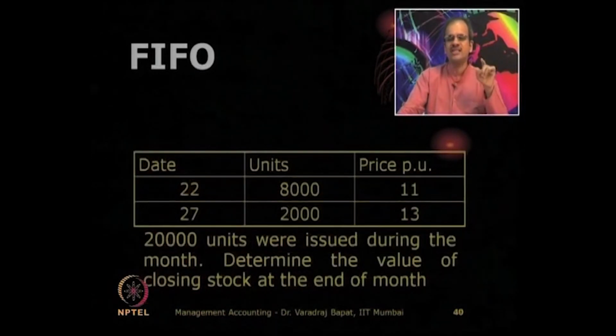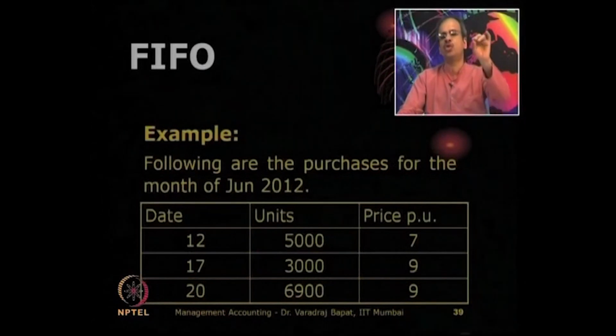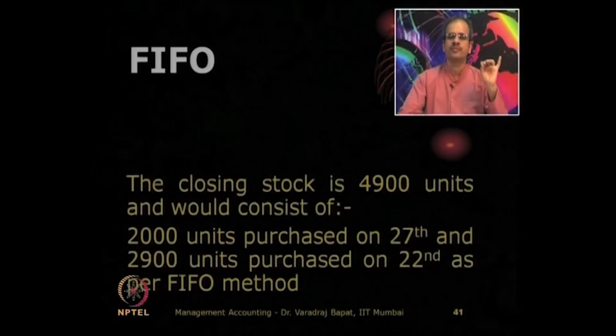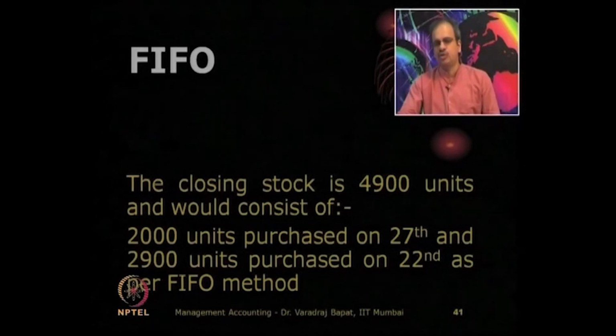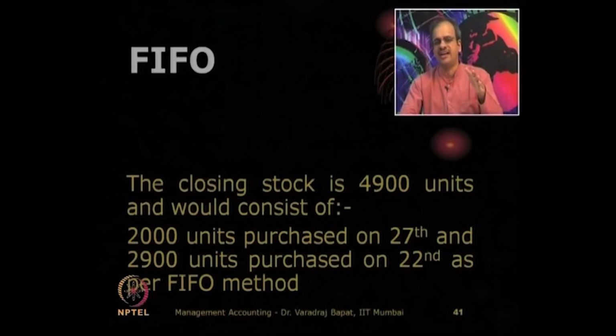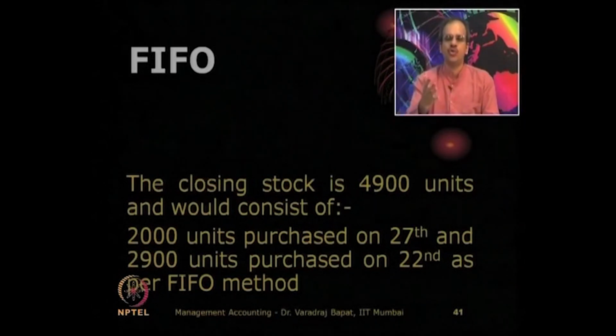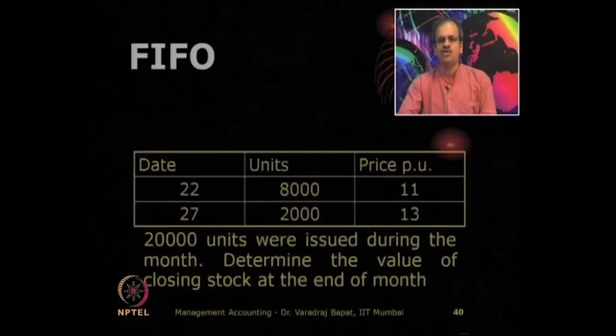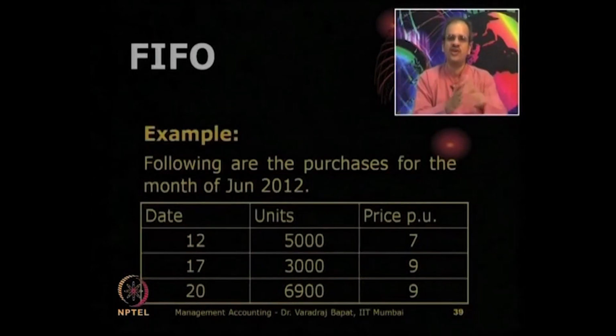First thing you have to do is calculate the total purchase in the month. You will realize that total material coming in is 24,900, of which 20,000 is issued. So, you have 4,900 units of closing stock. As you know, the rule is first in, first out.